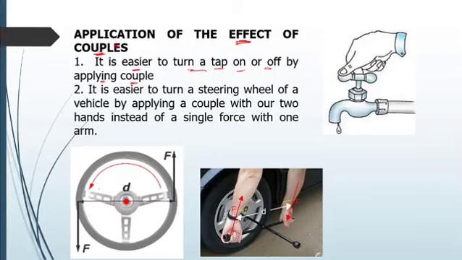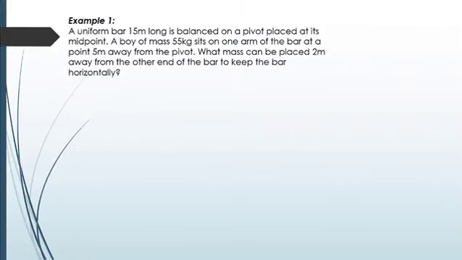And it is also much easier to use a spanner, using the effects of a couple, to loosen the bolts and nuts of a vehicle, just like you see in the second slide here. Instead of trying to use a single force with one arm, it is easier to use a couple with two of our hands, which makes the work easier and more efficient.